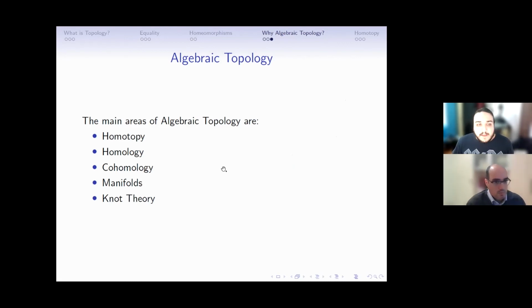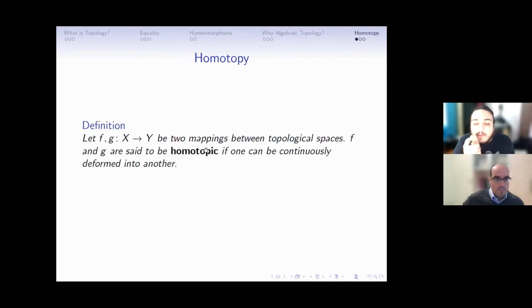So yeah, homotopy. Homotopy is a very interesting area of algebraic topology. It starts with this definition, right? We say that two mappings between topological spaces are homotopic if we can continuously deform one into another.